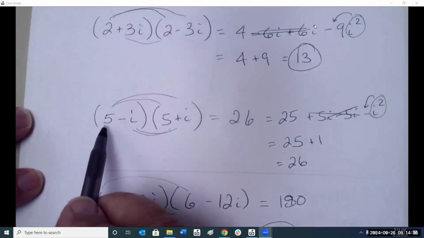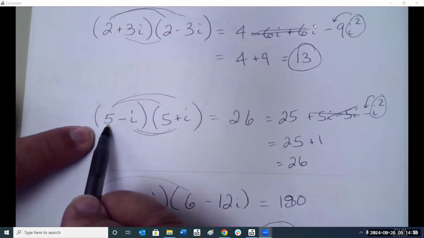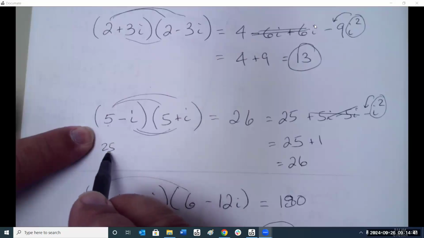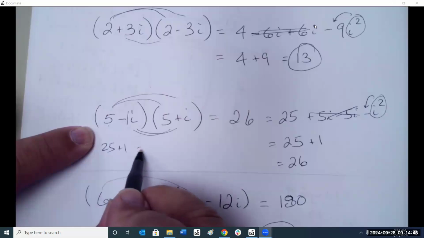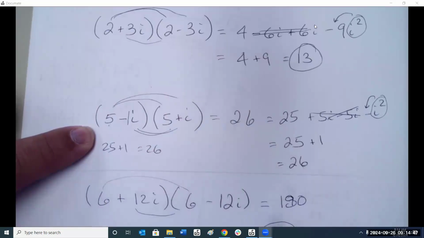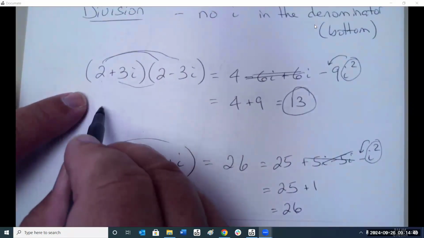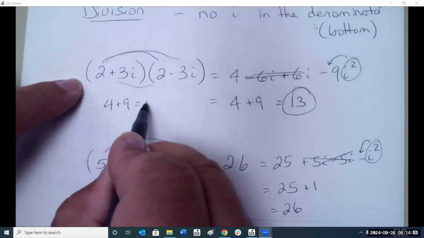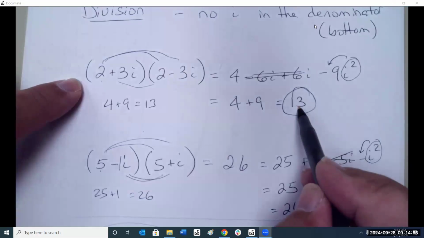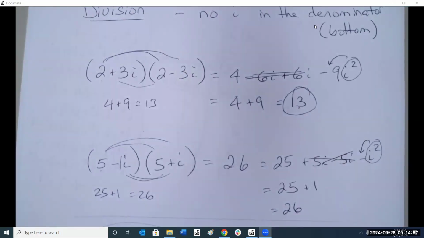Let's look at these. What's 5 squared? What's 1 squared? 2 squared, 3 squared. That's a shortcut.